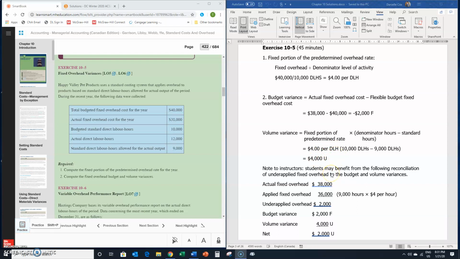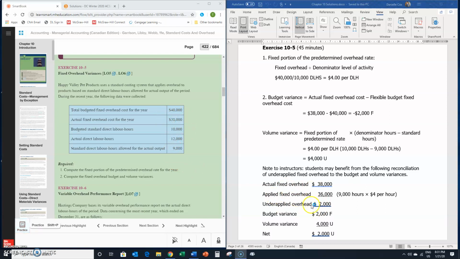Here they do a reconciliation just to help with understanding. So we're going to do a reconciliation of underapplied fixed overhead to the budget and volume variances. Now, this is not necessary unless it's specifically asked for, but it just helps with understanding a little bit. So actual fixed overhead, the actual amount incurred, was $38,000.